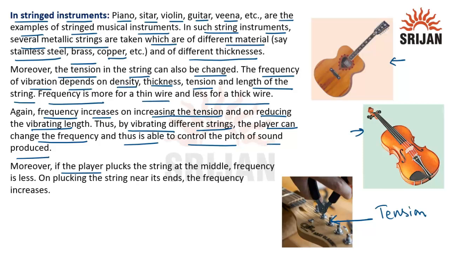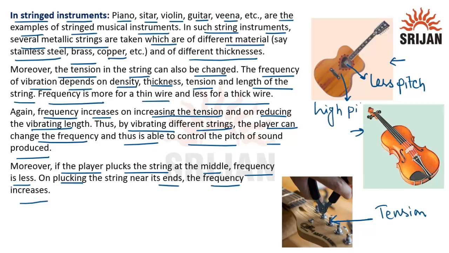Moreover, if the player plucks the string at the middle, frequency is less. So if the string is plucked in the middle, this is less frequency or less pitch. On plucking the string near the ends, that means if the player plucks the string over here, the frequency increases. So we can say a high pitch sound is produced.